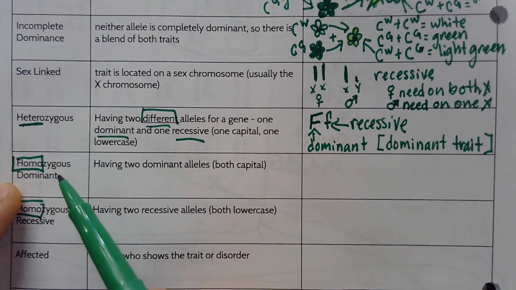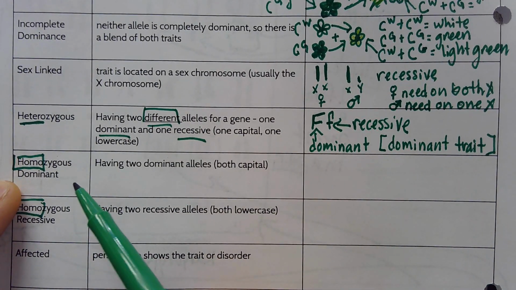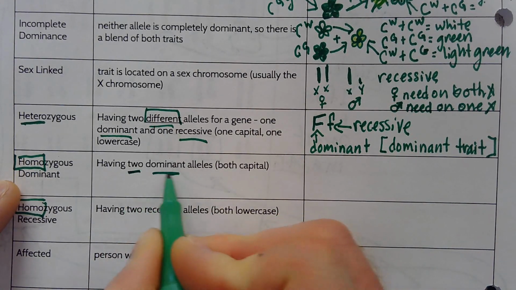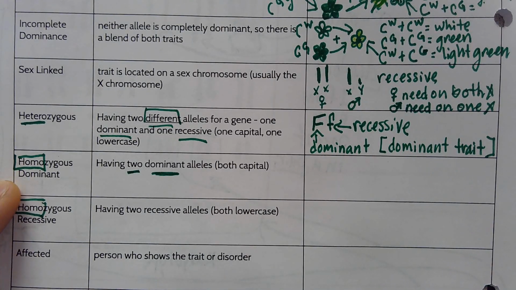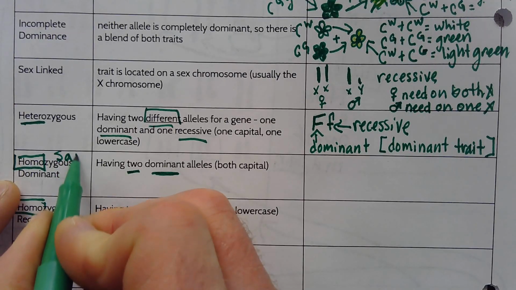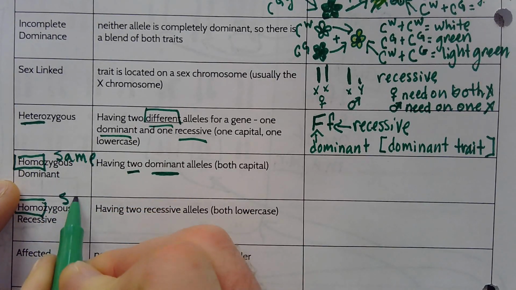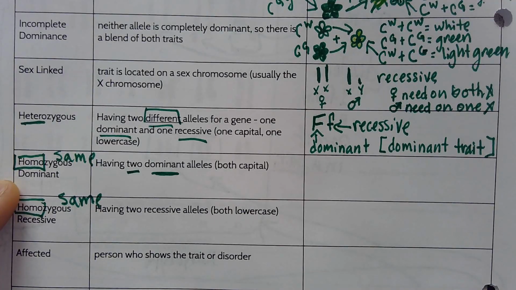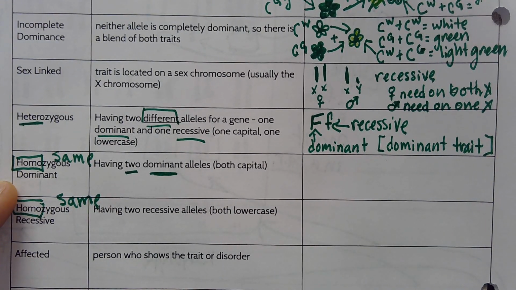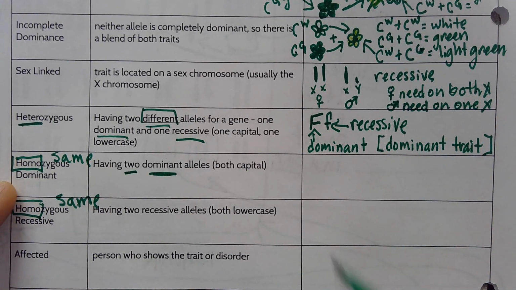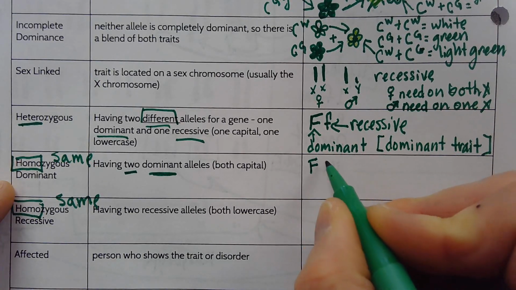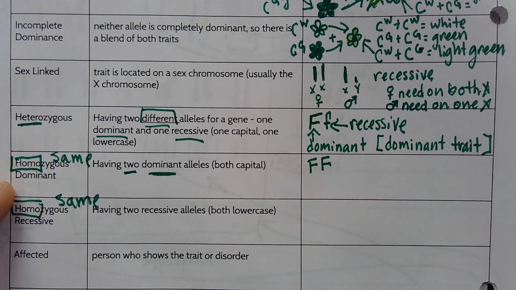If it's homozygous dominant, that means it's going to have the two dominant alleles because they're both the same. Homozygous recessive is going to be both those recessive alleles, the lowercase allele. So in this case, I'm going to have an F and an F.